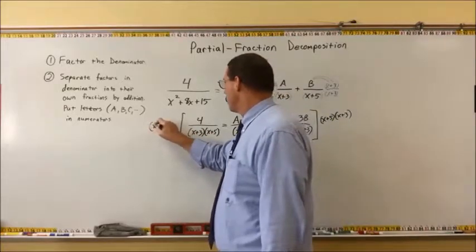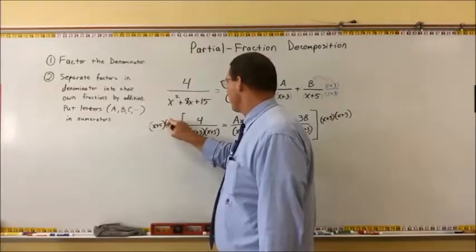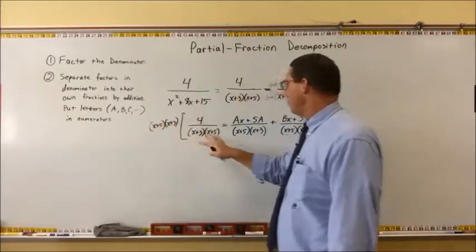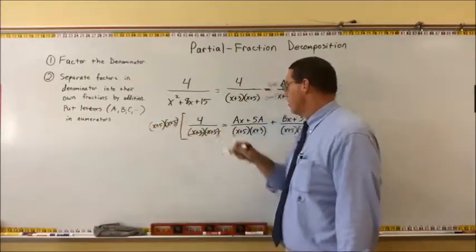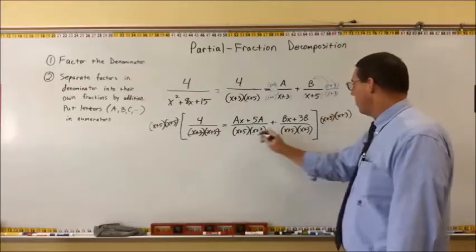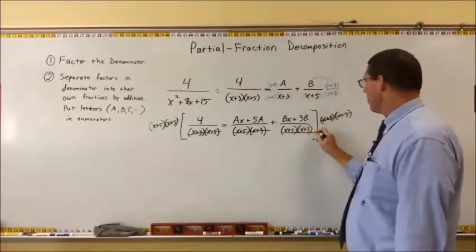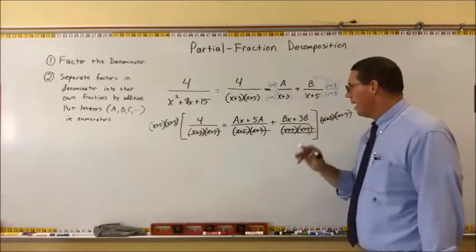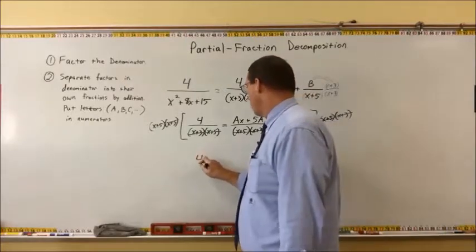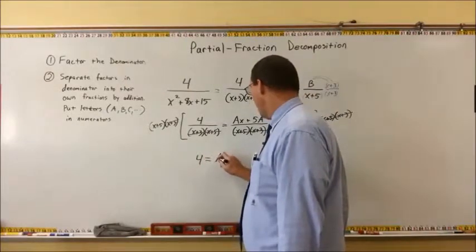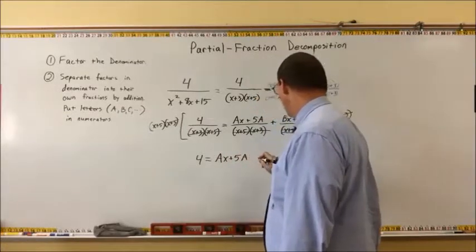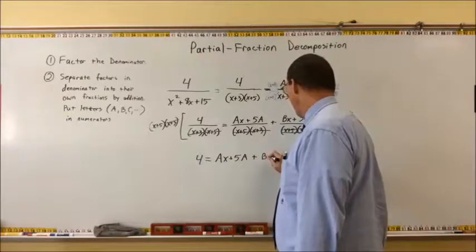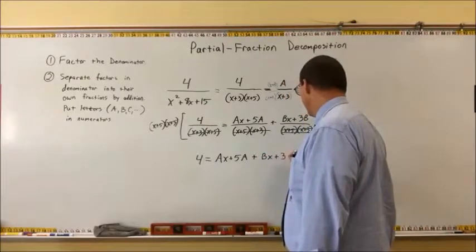If we multiply by what's the same as the denominator, it cancels the denominator. This denominator cancels, and so does this one. And all we have left is 4 equals Ax plus 5A plus Bx plus 3B.